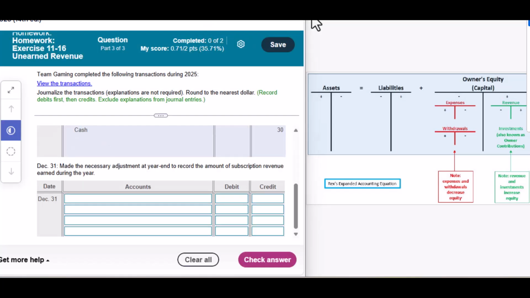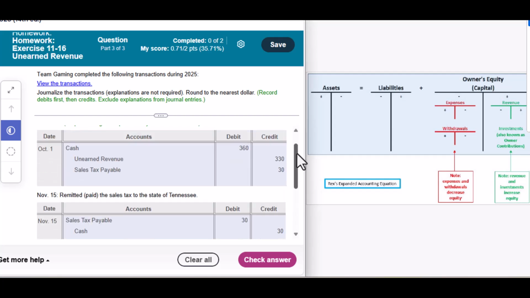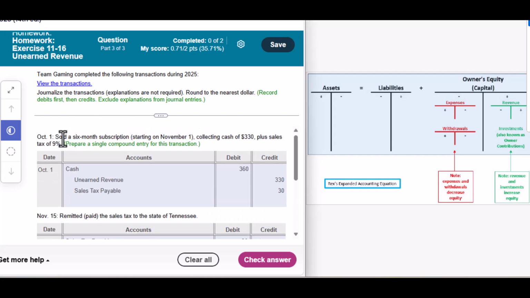So here now is where it gets a little bit more complicated. On December 31st, we made the necessary adjustment at year end to record the amount of subscription revenue earned during the year. So let's go back up here to October. Back here in October, we sold a 6-month subscription, but we're not going to send those issues until November 1st.